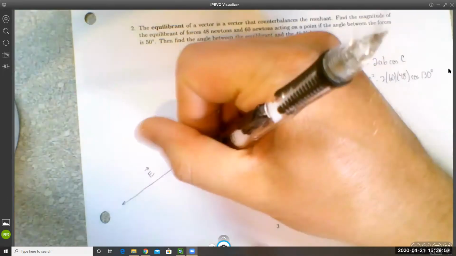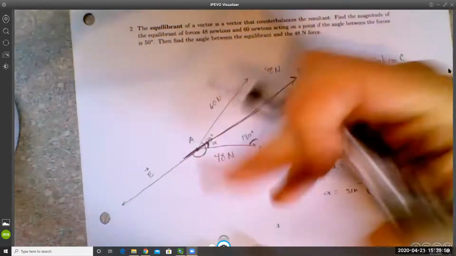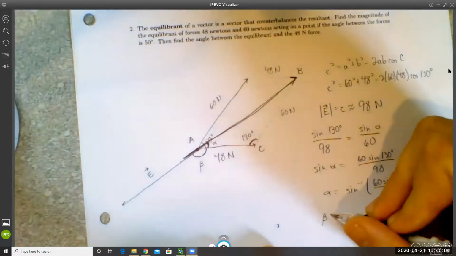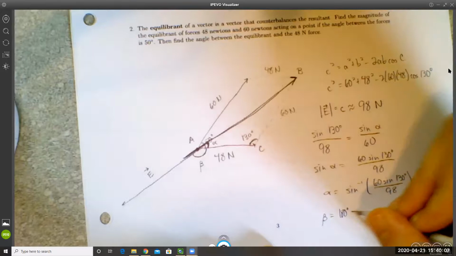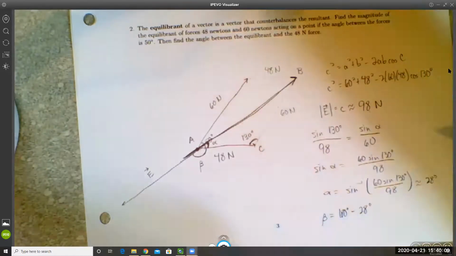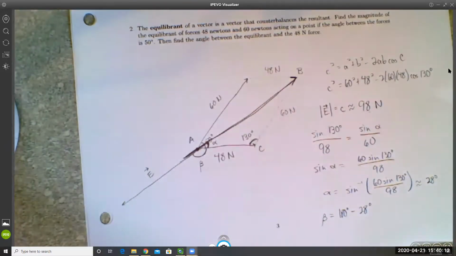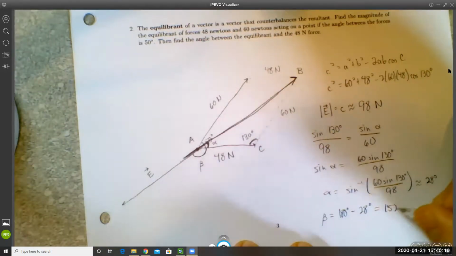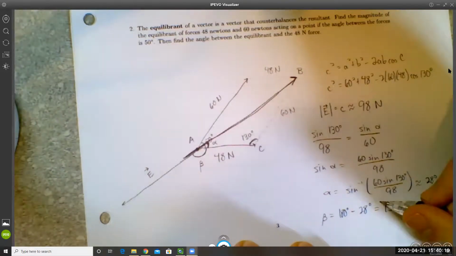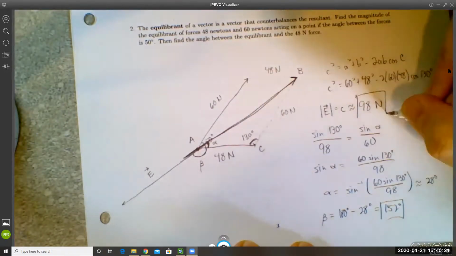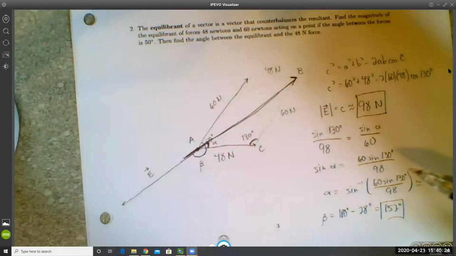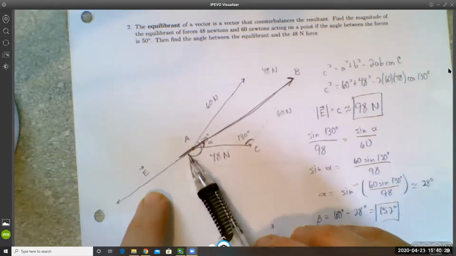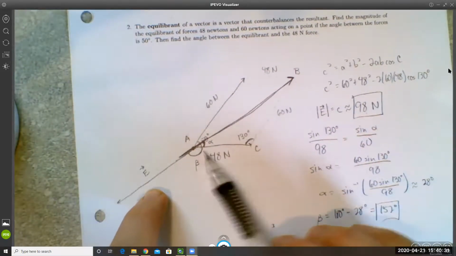So instead of calling this a question mark, maybe I'll call it beta. We'll say beta is 180 minus 28, so 152. So it would be about 152 degrees, right? So there's the magnitude of the vector, and there's the angle that it makes with the 48 Newton force.